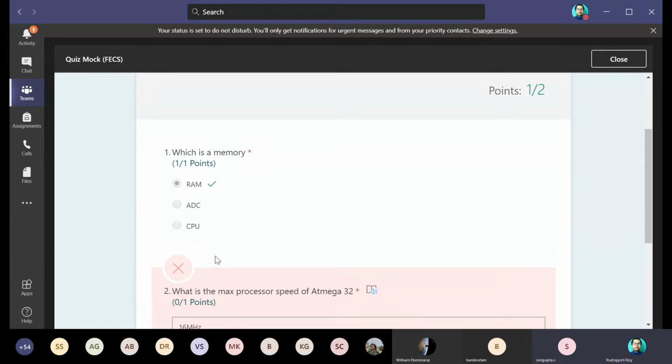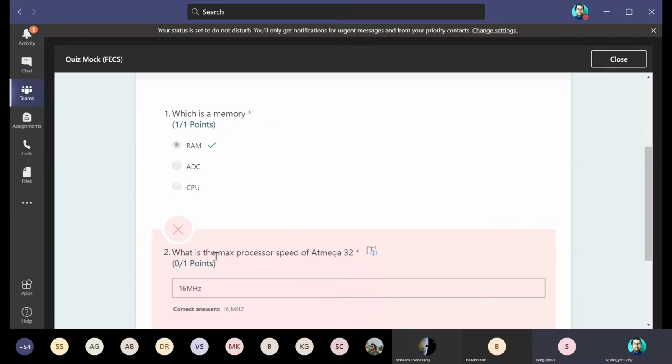Okay, you can see the results also. I was checking for the maximum processor speed.